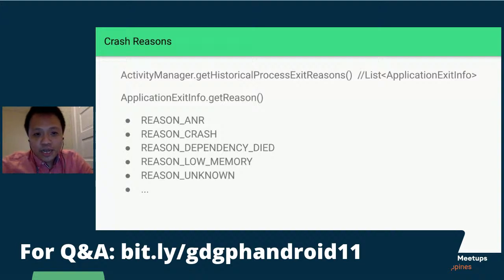From this ApplicationExitInfo, we can get the specific reasons why it crashed, for example ANR, crash, no memory, or unknown, and there are a lot more. We can use this with our crash reporting tools, so we can log why it actually crashed instead of relying on stack traces. So we can see why it has exited.